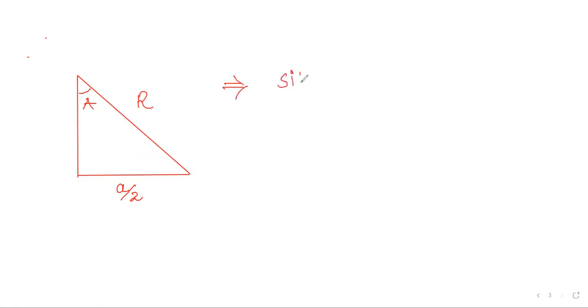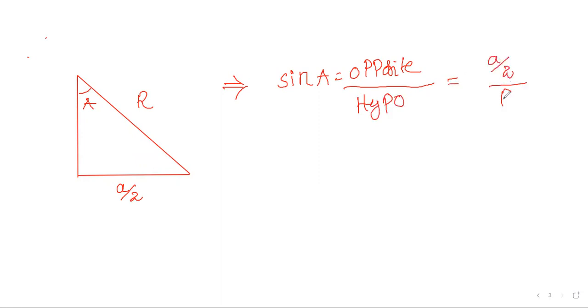Sine A is equal to opposite by hypotenuse. Opposite is a by 2 and hypotenuse is R. So sin A is equal to a by 2R.